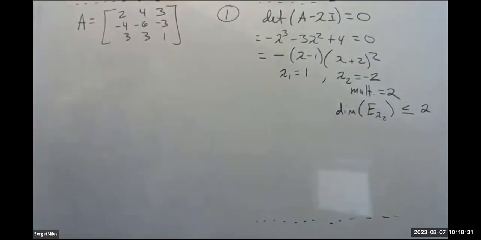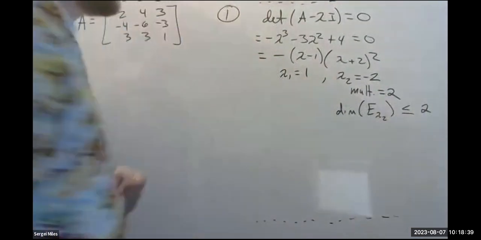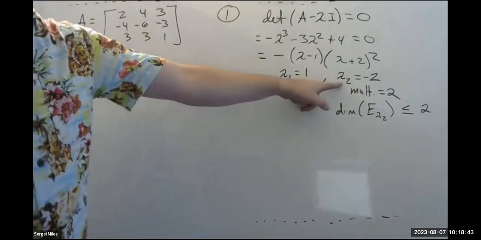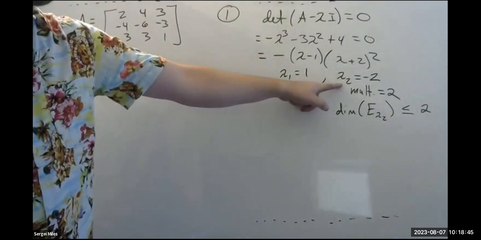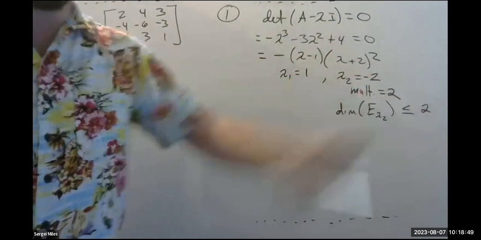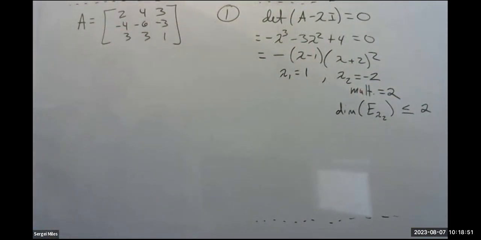So depending on what happens when we solve the homogeneous system for the eigenvectors, I might still get 2 eigenvectors for this lambda. If I do, then that means I have 3 and we're golden. But I don't know until I try to find those eigenvectors. All right. So, next we need to go to step 2, find the eigenvectors.